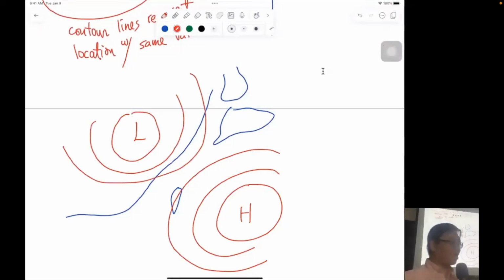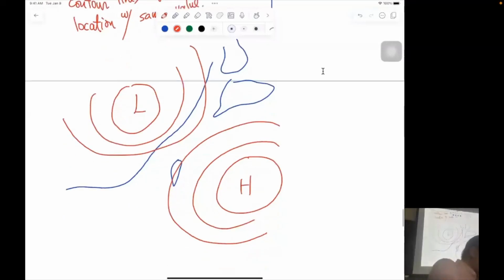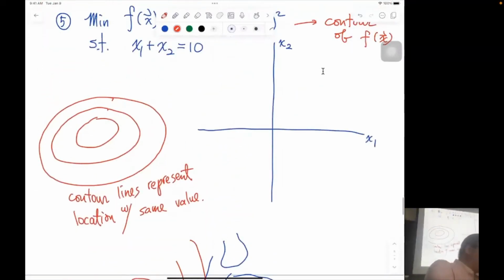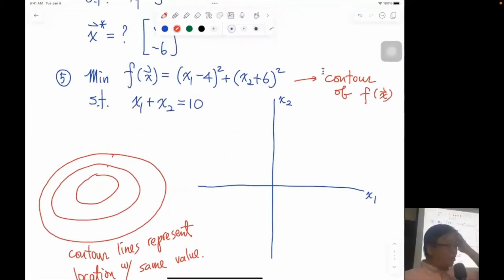These are the so-called contours. Every line represents the same level of pressure. So over here, we are using contours to represent how the function looks.